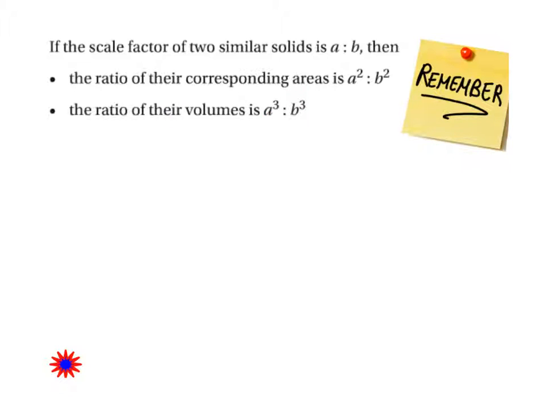Let me just throw some numbers at that so you see what I mean. If you had some sort of a scale factor, let's say 3 to 4, that was your scale factor from one shape to the next. Well, the area scale factor would not be 3 to 4 anymore. It'd be a 3 squared to 4 squared ratio, or 9 to 16.